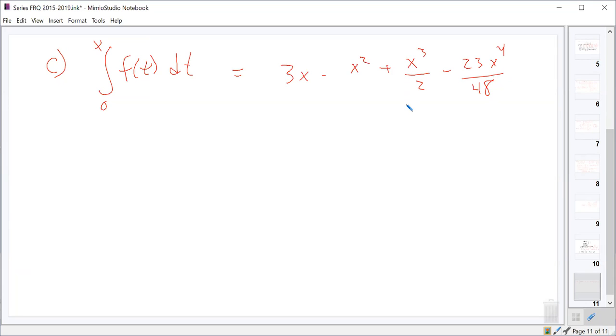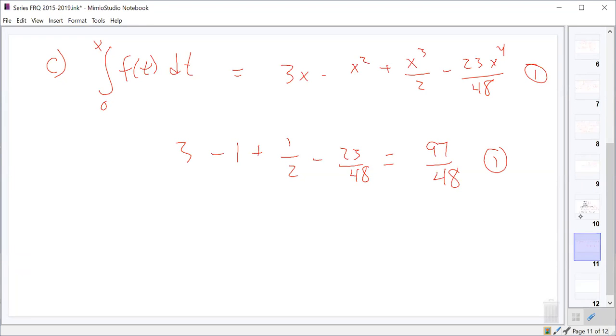So that's your series. We want to evaluate that at 1. So 3 minus 1 plus 1/2 minus 23/48. And that came out to be 97/48. Everybody good with that? 1 point here, 1 point here. Any issues there? In Zoom, you guys good or no? Good. All right.